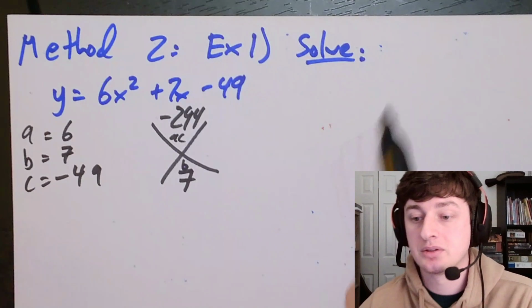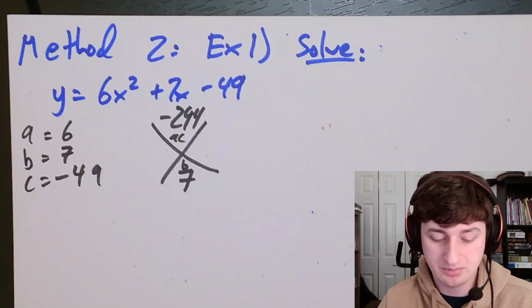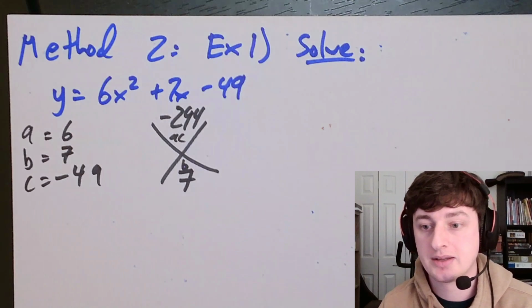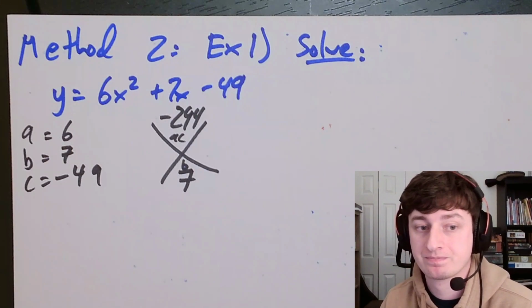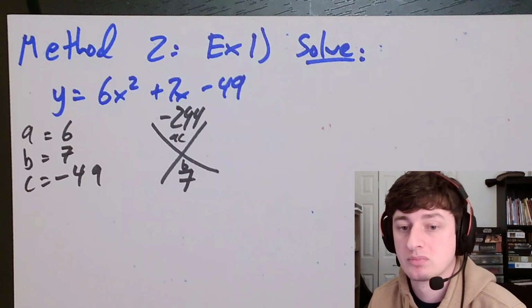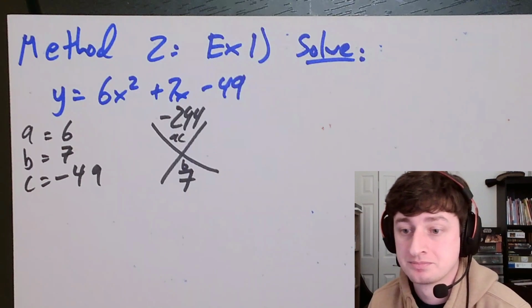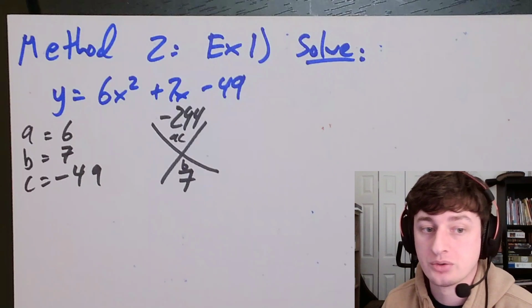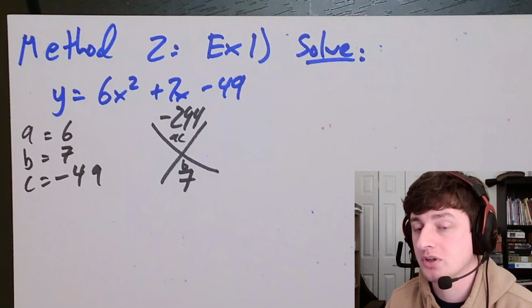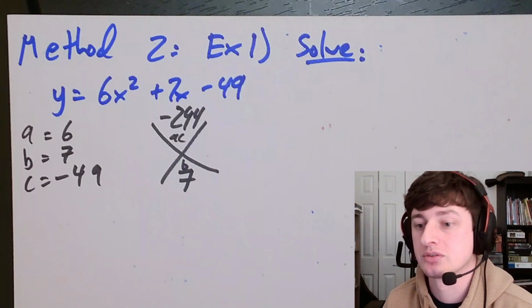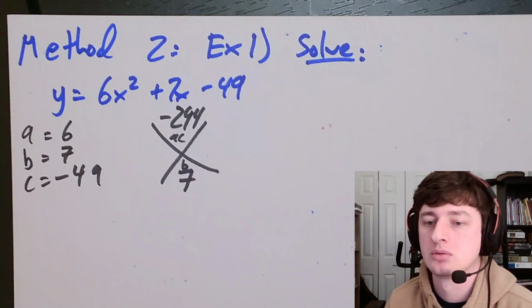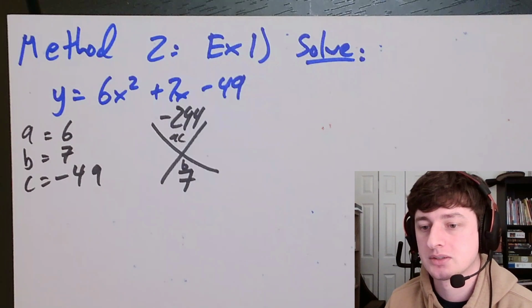And then we used a calculator to figure out the numbers that multiply to make negative 294 and add to make 7. Or we use Google, really. And so we said those numbers, which are hard to find. I don't expect you to just know them off the top of your head. What we did was we guessed and checked. So like, does 10 work? No. Does 11 work? No. Does 12 work? Yes.